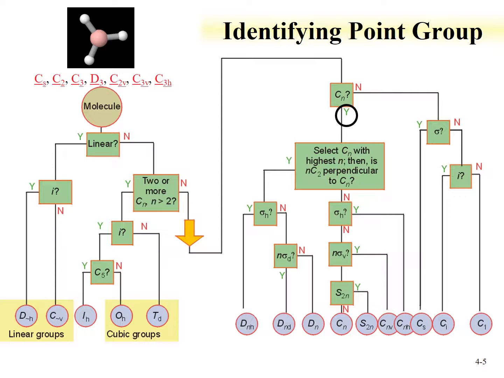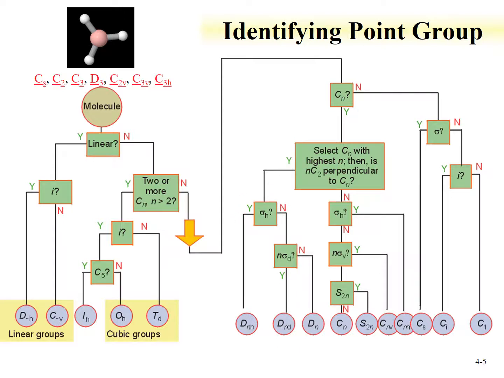Are there 3 C2 perpendicular to this? Well, there's 1, 2, 3. You see each arm off the metal center is a C2. So the answer to this one is yes. We see that we have a C3 and we select yes.